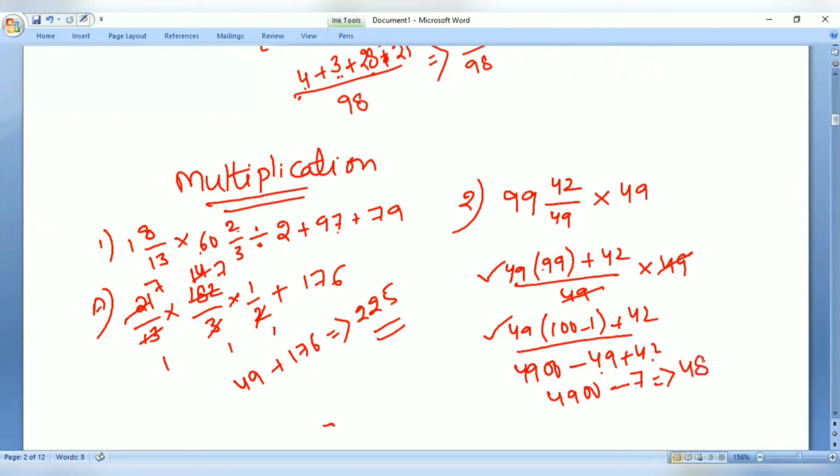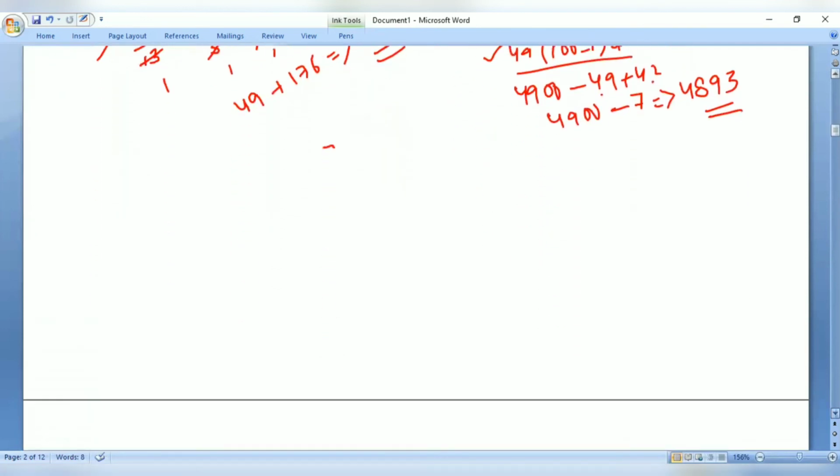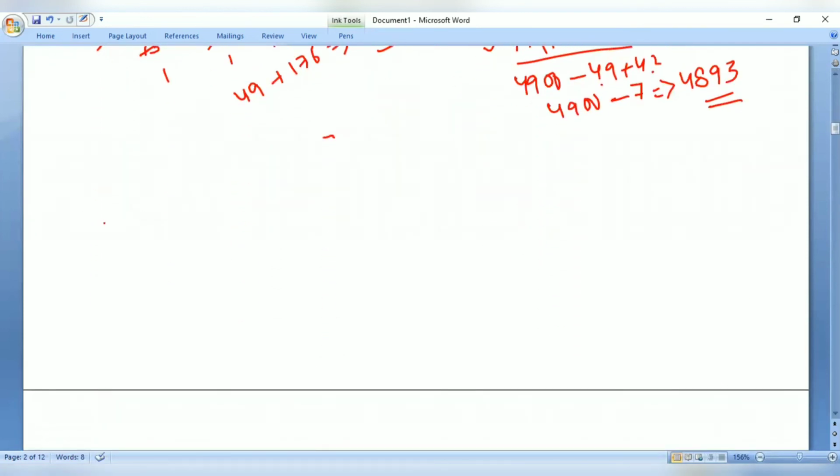The answer is minus 7. So 4893 will become the answer for us. Imagine if the same problem is given to you like this, 999 42/49 into 49. What do we need to do directly, straight away? 49 into 1000 minus 1 plus 42.